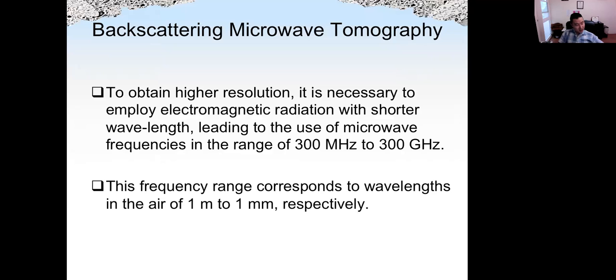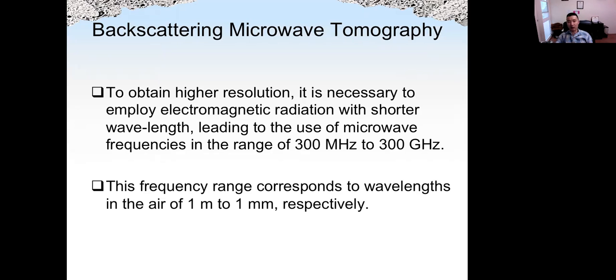Here is another type of tomography. It's called backscattering microwave. Microwave has very high frequency, as you can see, 300 megahertz to 300 gigahertz. That tells us two things. One is the wavelength is very short; in other words, the resolution is very high. The other thing is the penetration will not be deep.